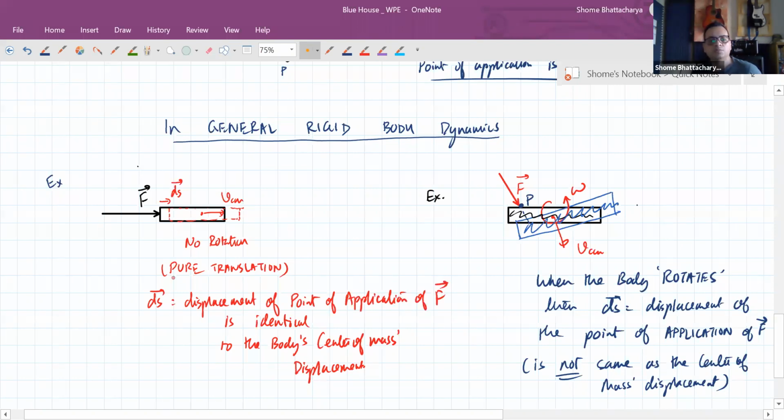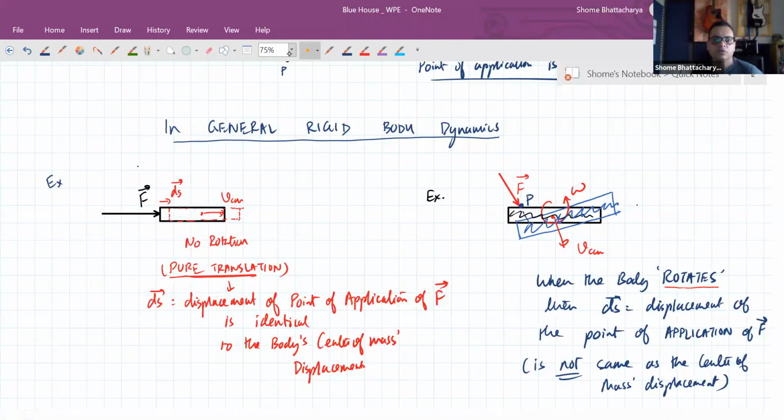So in the case of pure translation, we can just write it as the displacement of the center of mass of the body. But in the case where the body is rotating, it may be translating along with rotation, it might be in pure rotation, it doesn't matter. In that case, the displacement of the point of application of the force will not be the same as the displacement of the center of mass of the body.